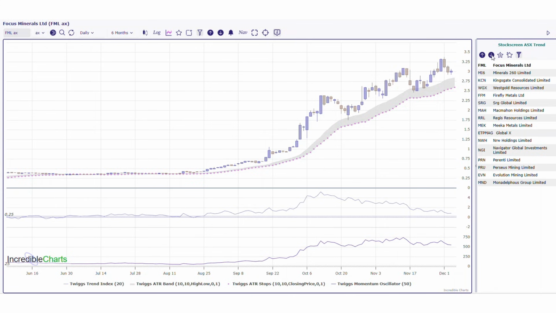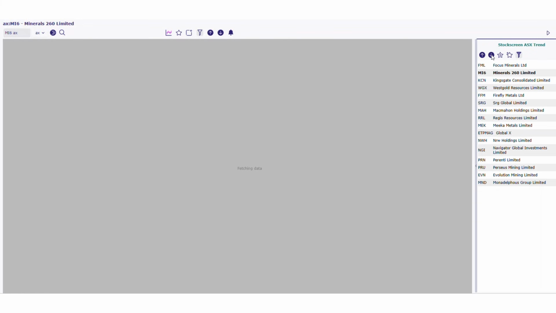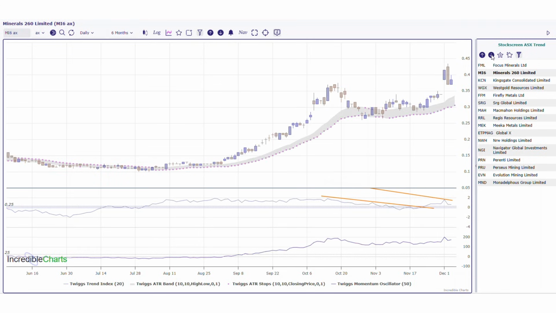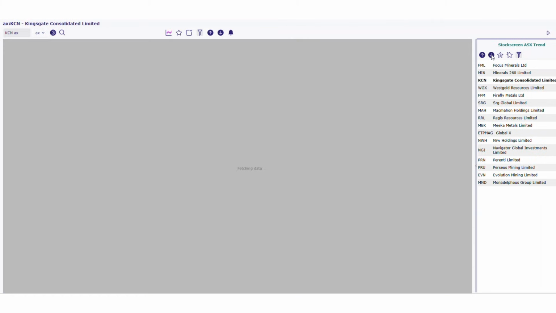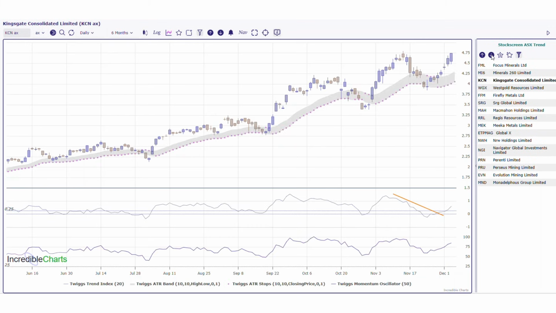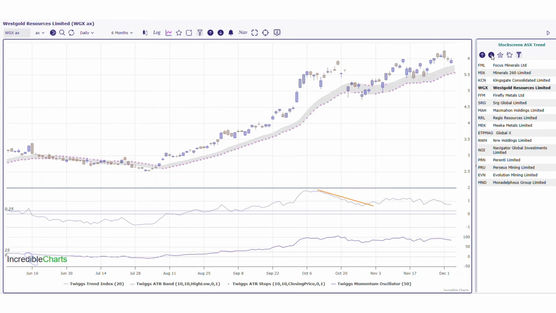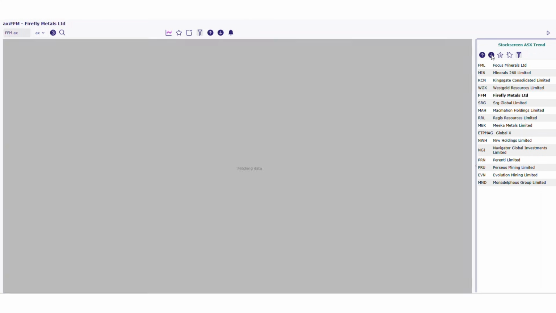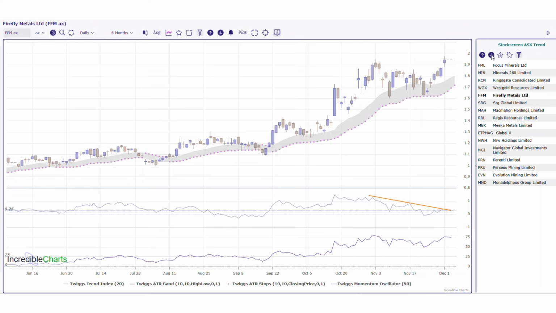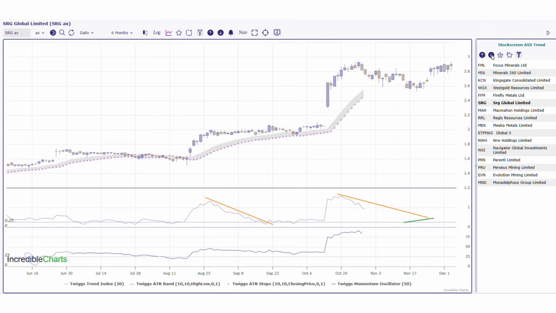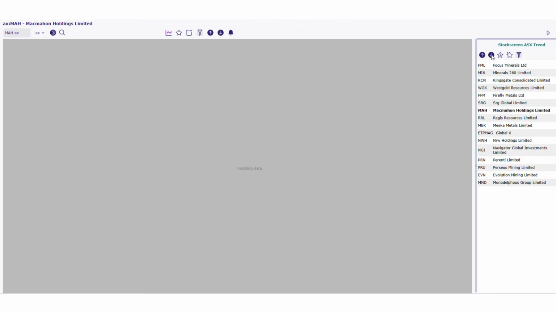I'll just flick through some of the other results, and you'll see that many of them have a similar sort of configuration. Musgrave Minerals, another gold miner, a little bit more volatile, and West Gold, also a gold miner, diversified metals, and mining services.